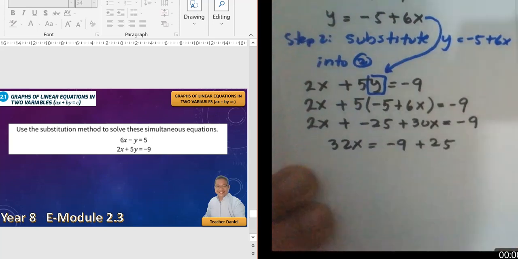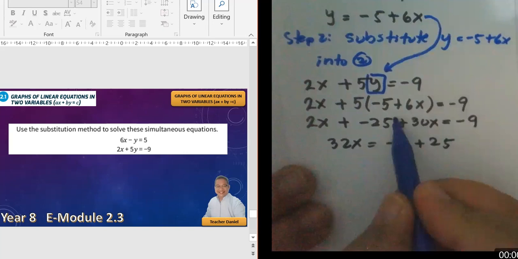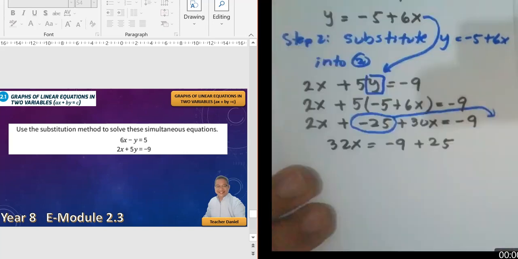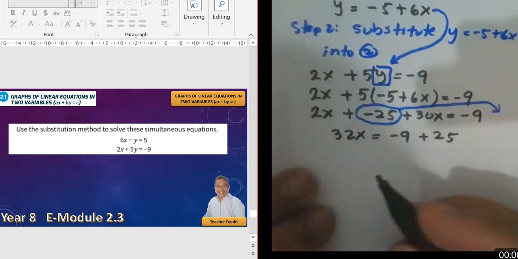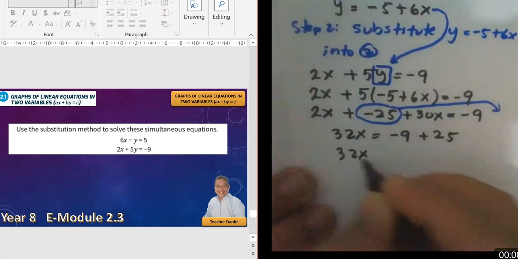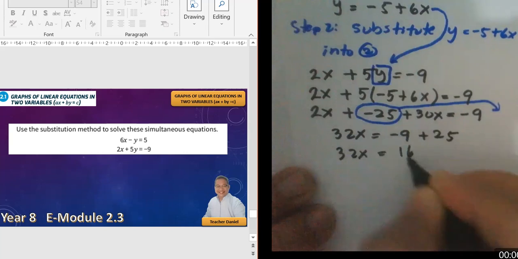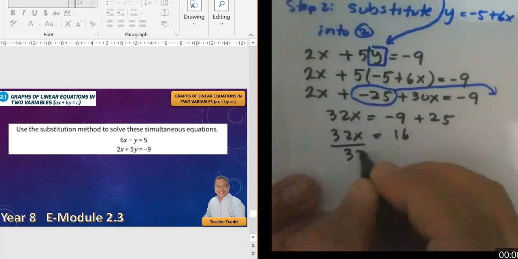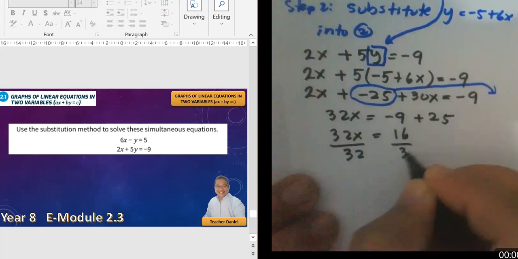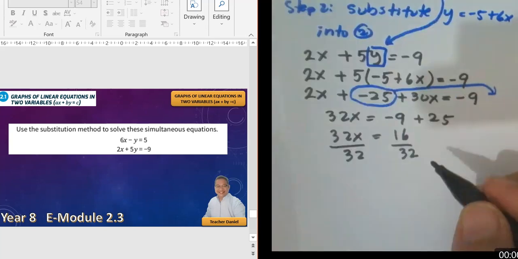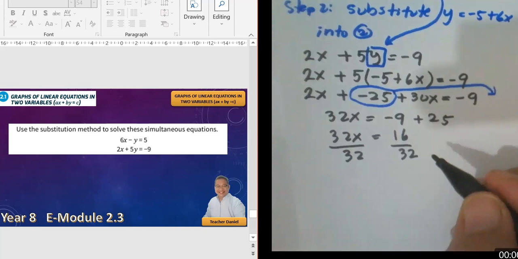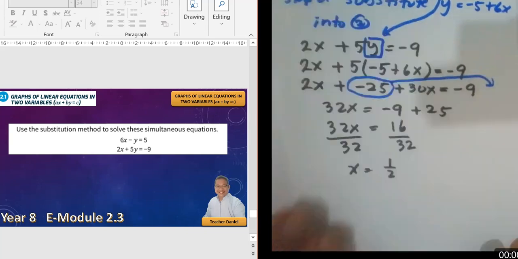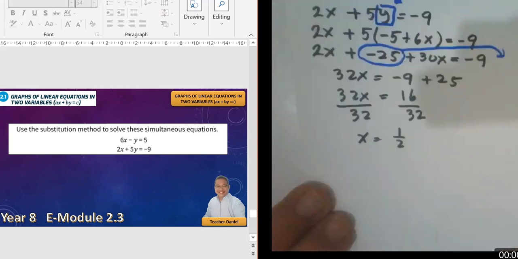Please don't forget to change the sign all the time, okay? So you have now 32x, and that's equal to 16. So now you can divide by 32. It will now give you x is equal to 1/2. And now we have found the x.